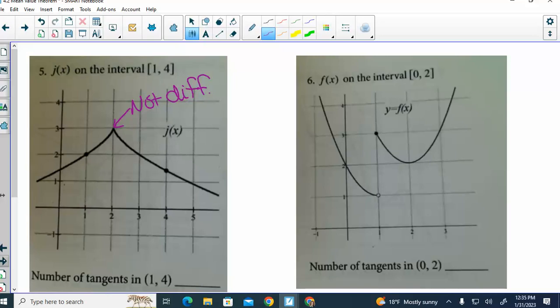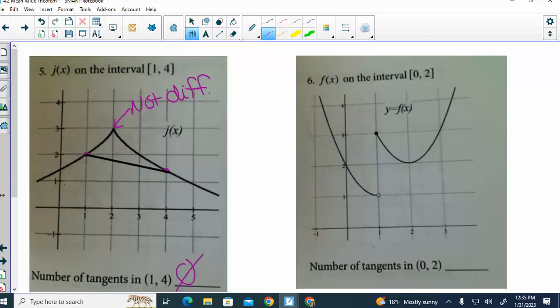If we were looking from 1 to 4, and we took that slope, is there ever a place between 1 and 4 where the tangent line would be parallel to that? No. And that's okay because it didn't meet the requirements for the mean value theorem, because it's not differentiable.